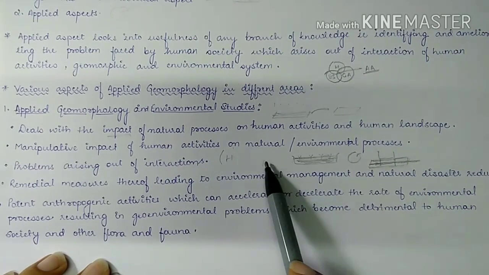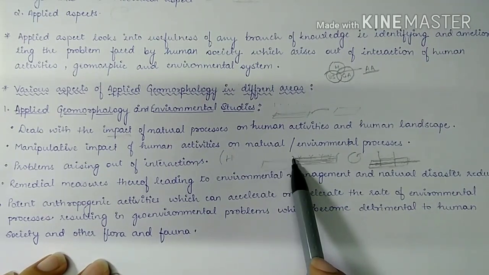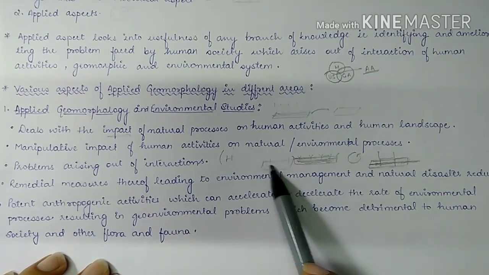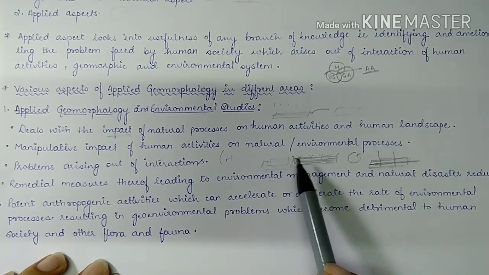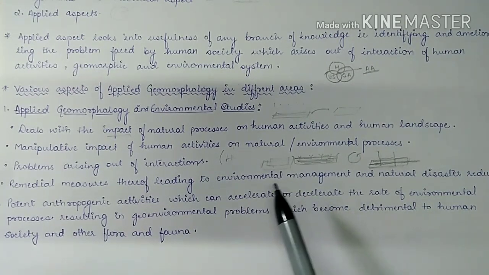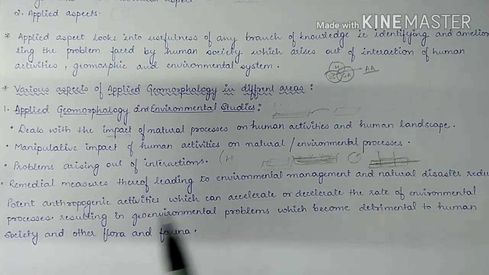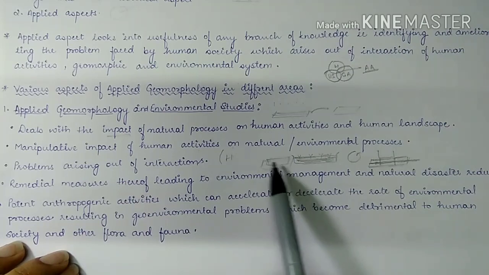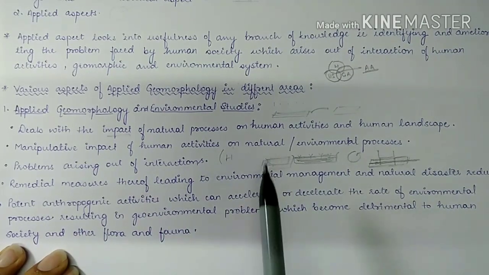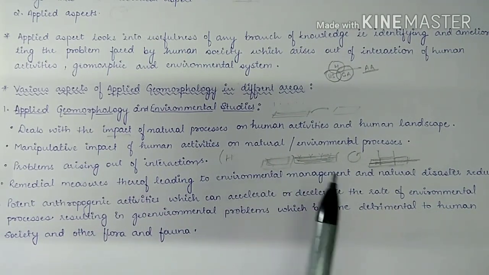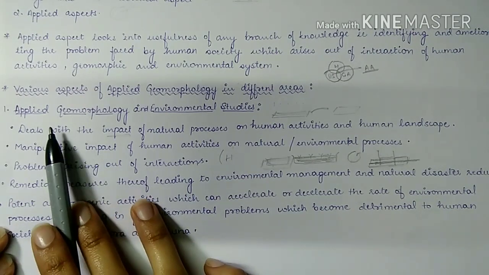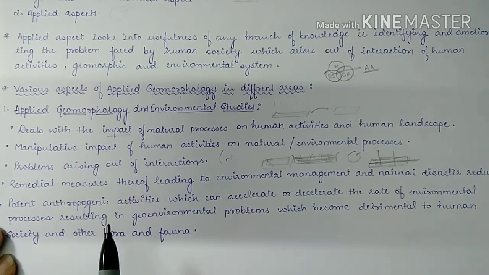An area with hard rock is most suited for building reservoirs. The amount of mining that we do in an area is also controlled by applied geomorphology. All these activities are looked into by applied geomorphology.